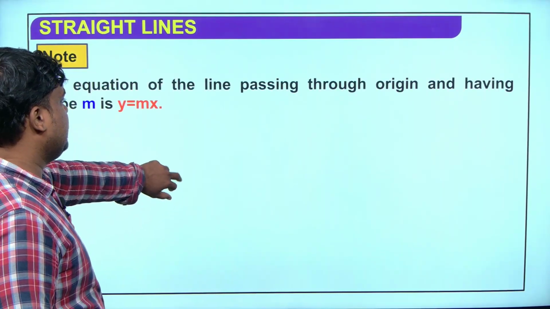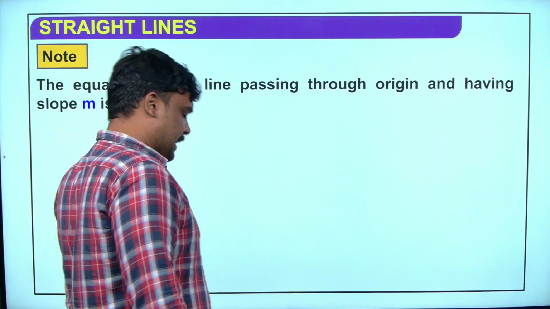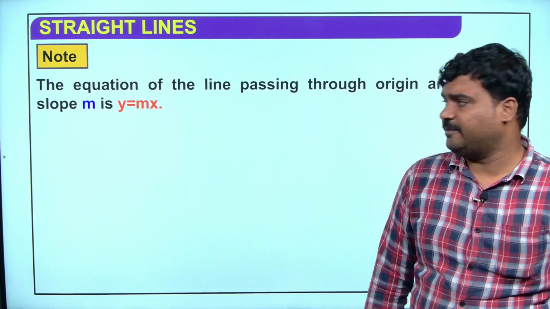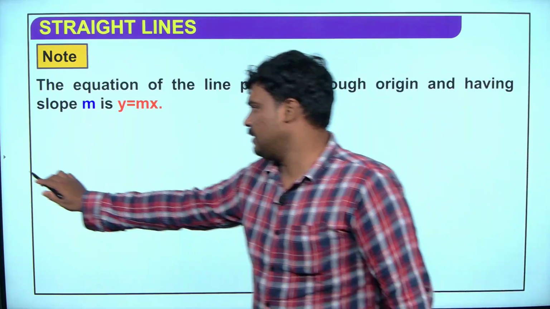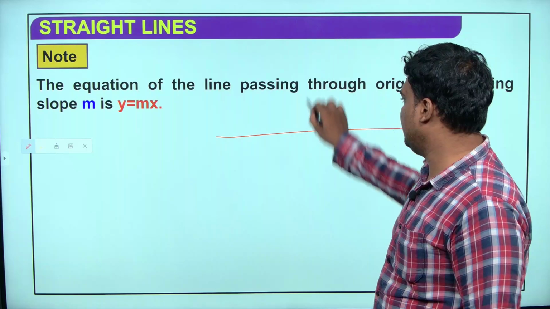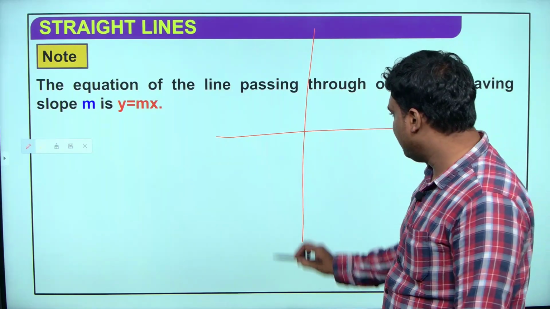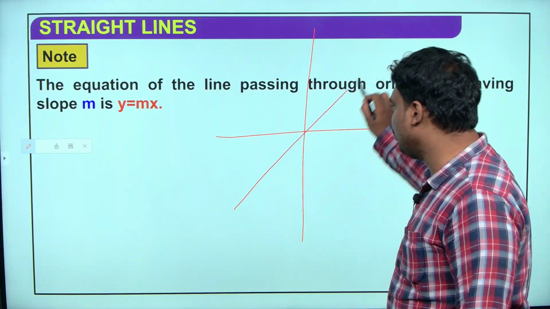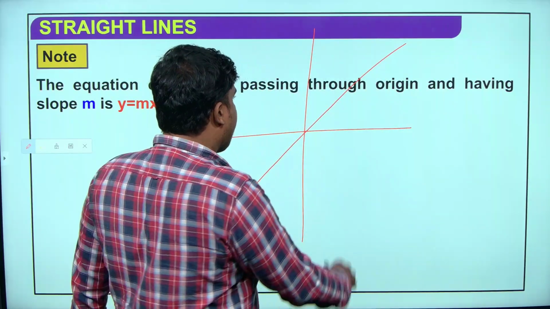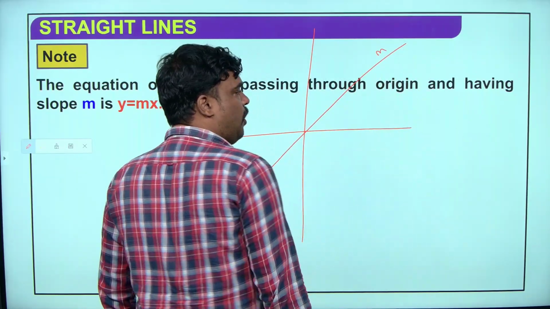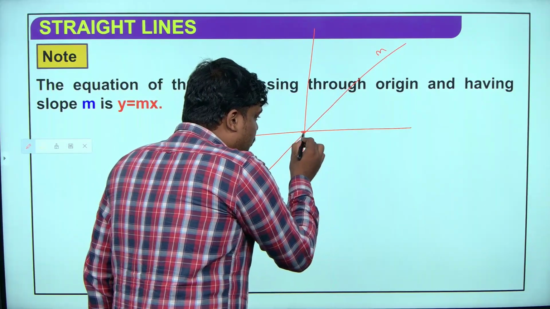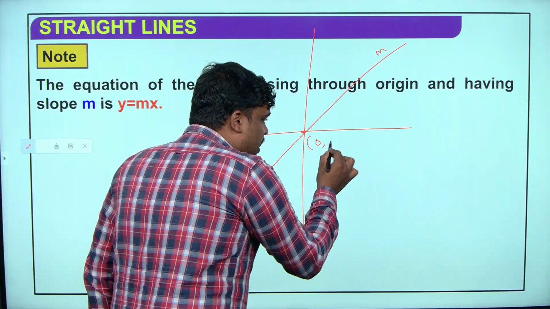Now the next form is, if the line goes through the origin. See, this is a graph and my line goes through the origin, and I am going to take the slope as m. Since it passes through the origin, it passes through (0, 0). Yes or no?